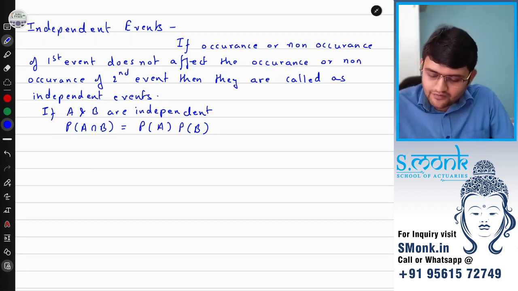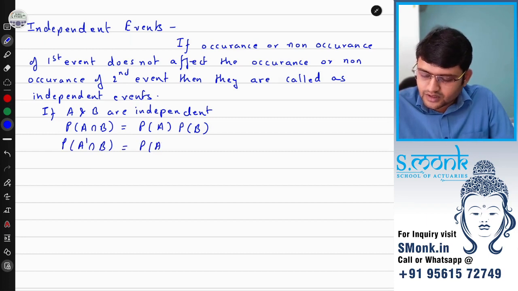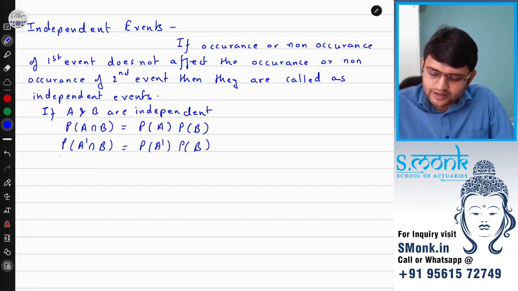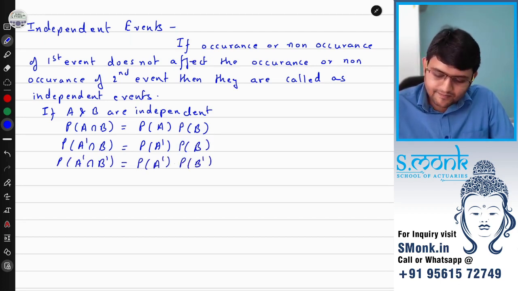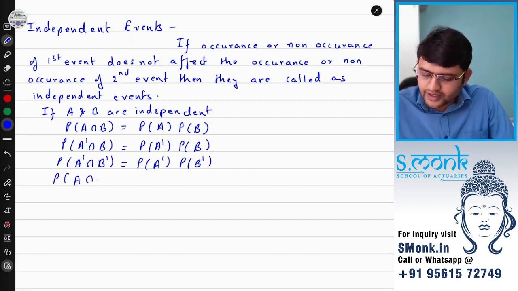Or we can have the probability of A not occurring and B occurring being the same as the probability of A not occurring times the probability of B occurring, or both not occurring, or A occurring and B not occurring.